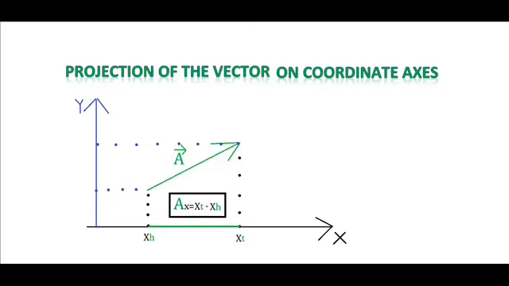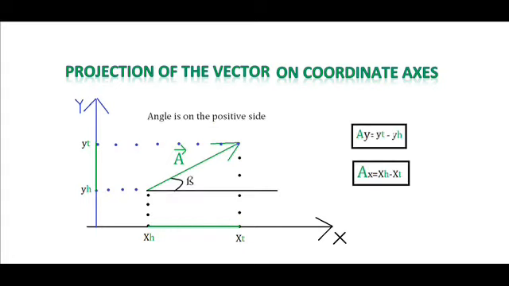To project the vector on the y-axis we're going to do the same things as we have done. So we are just going to draw a straight line toward the y-axis, and we are going to subtract the head of the vector from its tail, and we are going to calculate it.